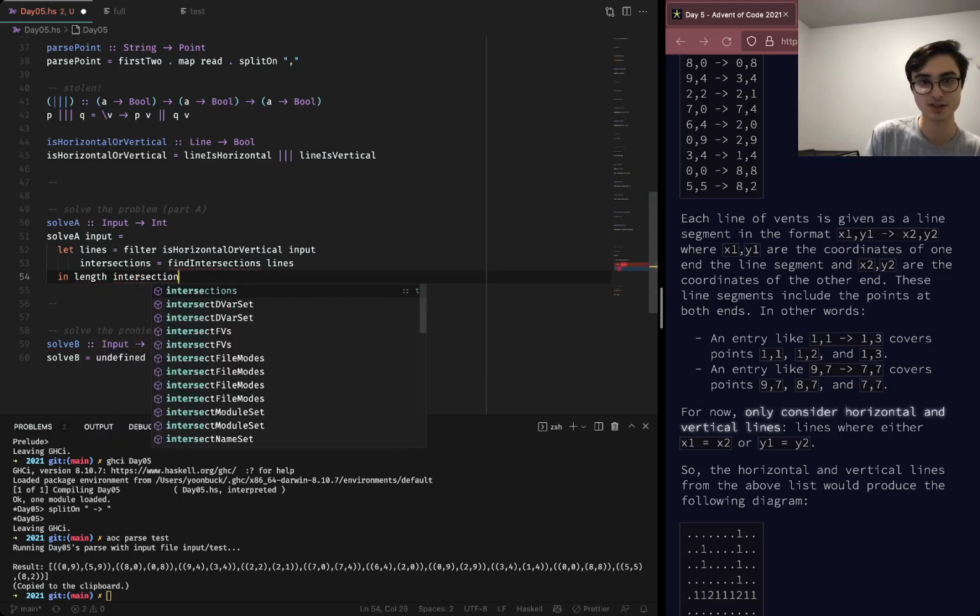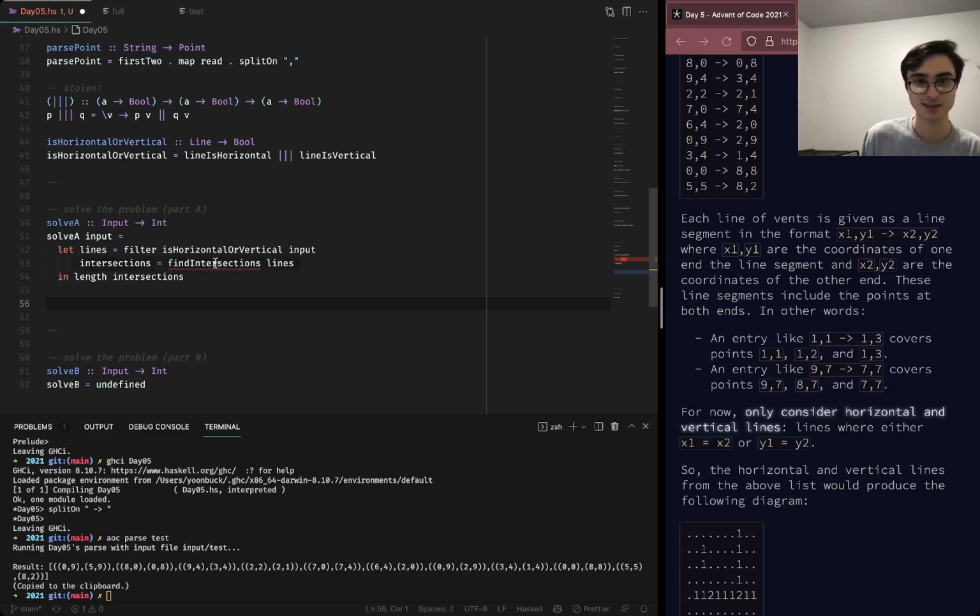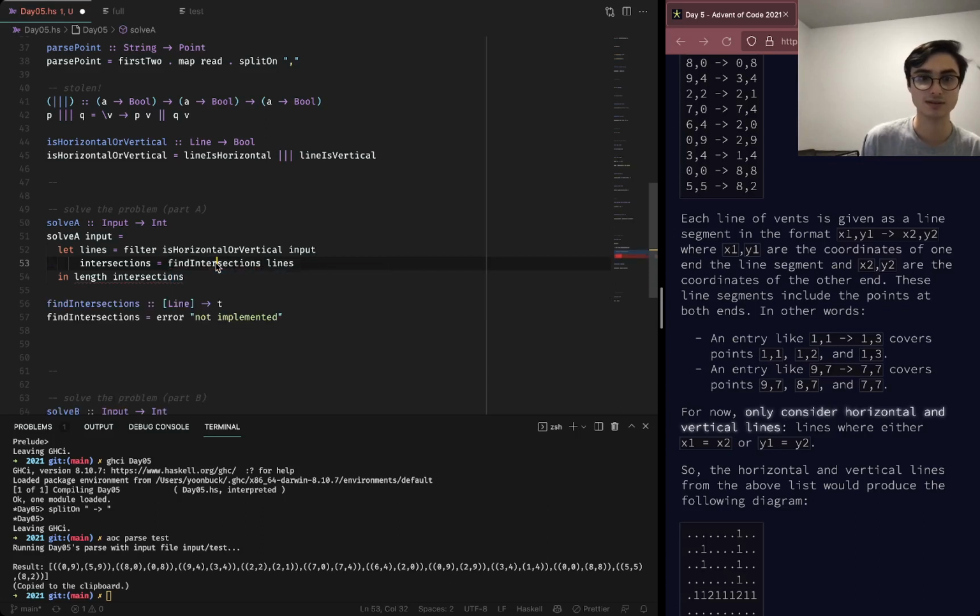Link intersections. Let's see if it will help me define this. Find intersections. Point. It should be like a set point.